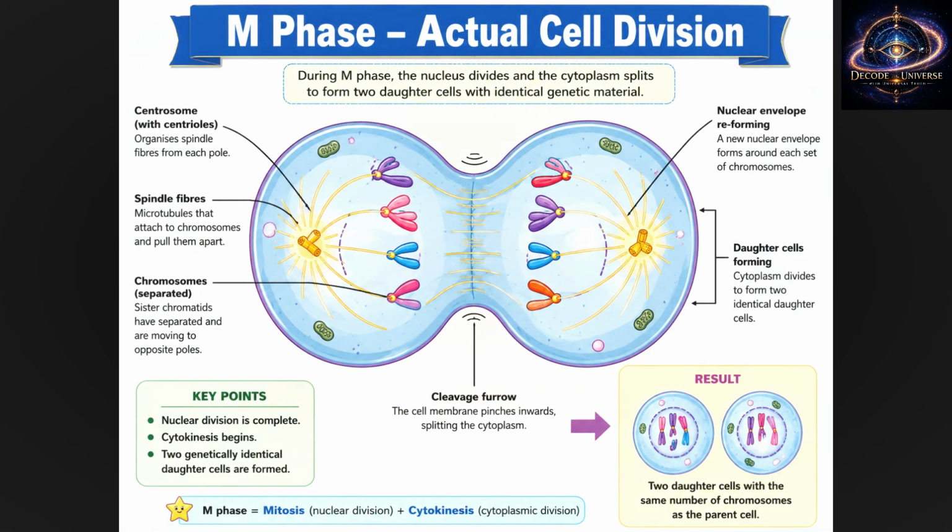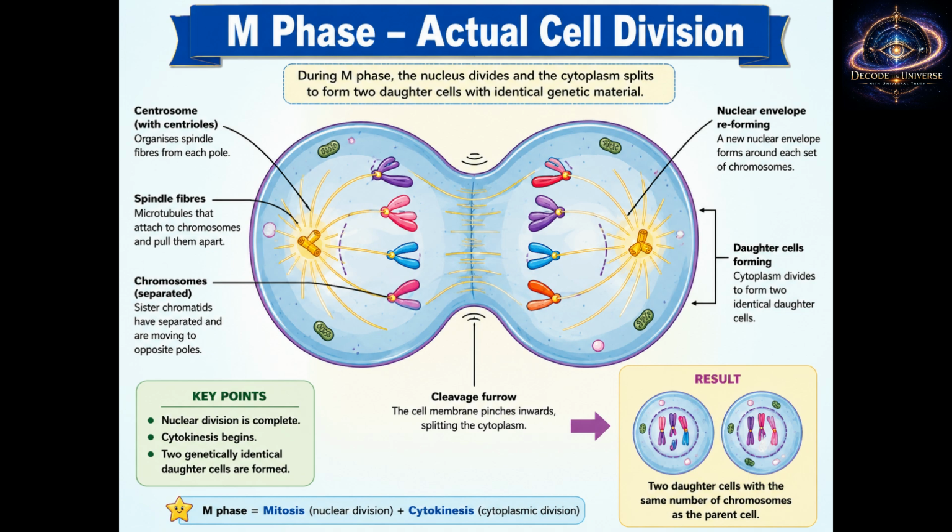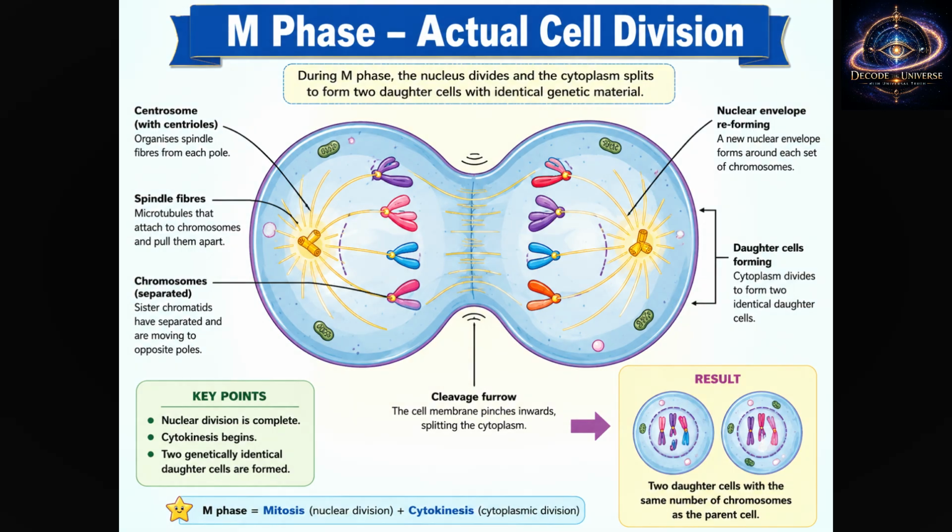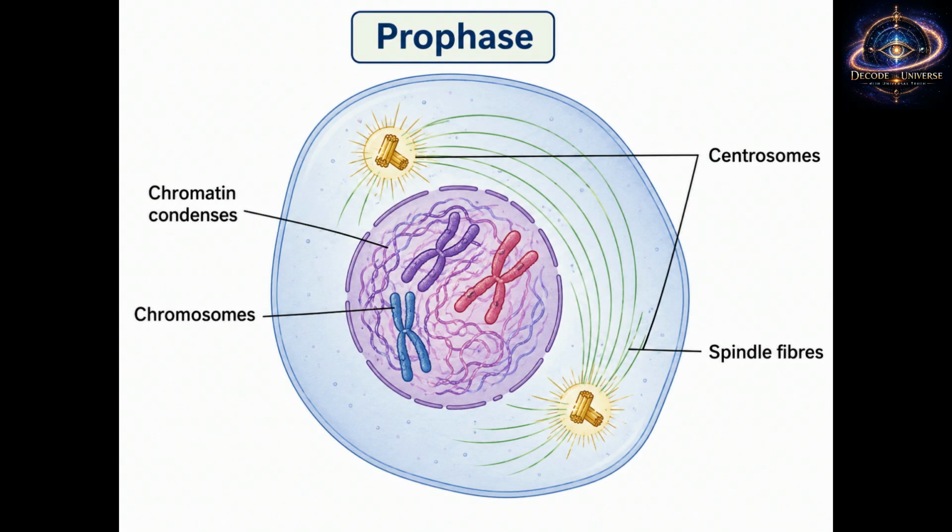M phase / mitosis. M phase is the phase where actual cell division happens. Mitosis is also called equational division because the daughter cells get the same number of chromosomes as the parent cell. Example: if parent cell has 46 chromosomes, each daughter cell also gets 46 chromosomes.